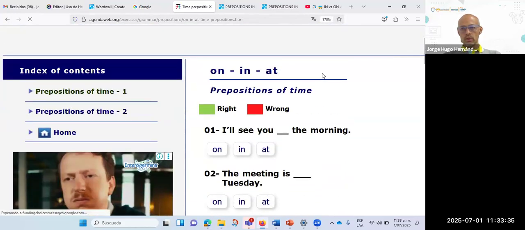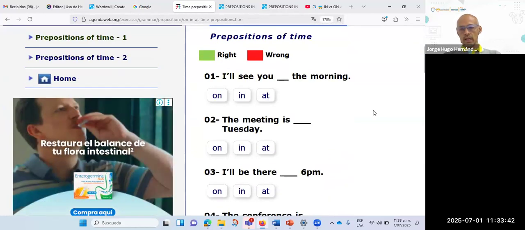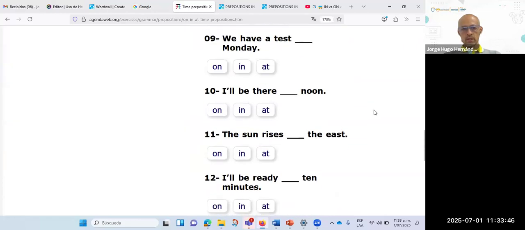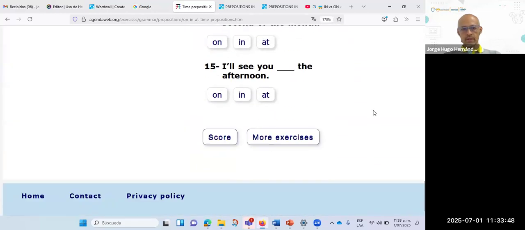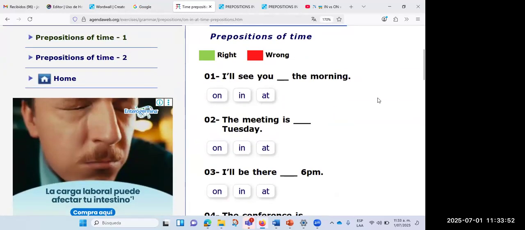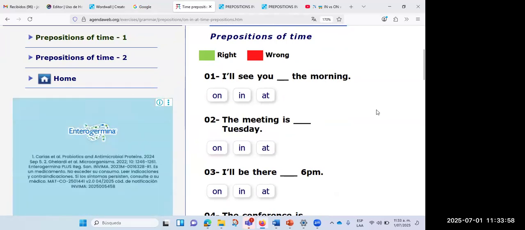Okay, this one, we are going to see this exercise in sentences. Ingrid, let's start. Let me see how many sentences we have here. 15. Okay. Ingrid, this one. I'll see you in the morning.